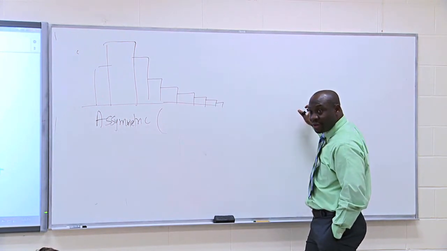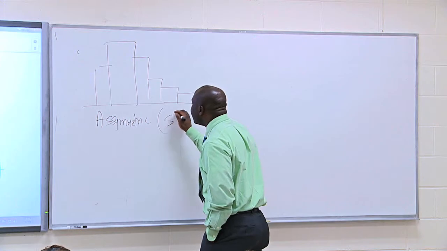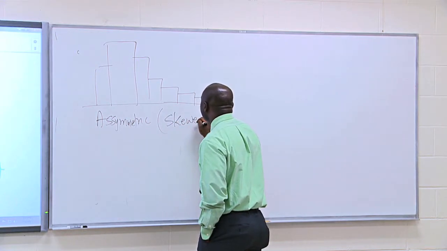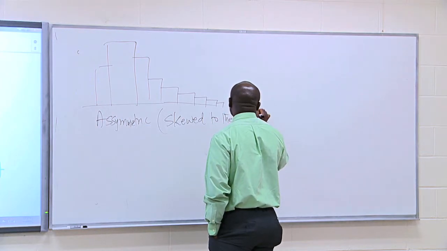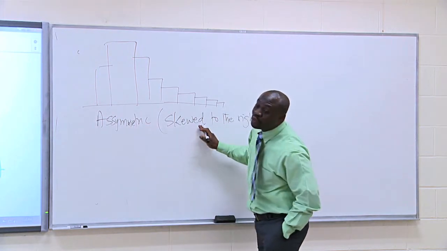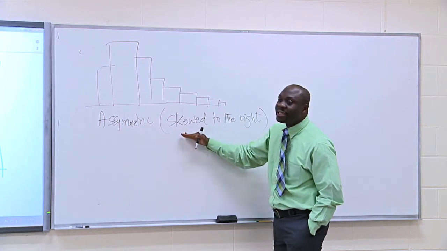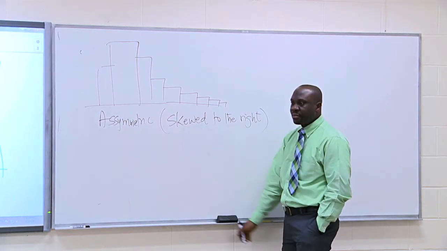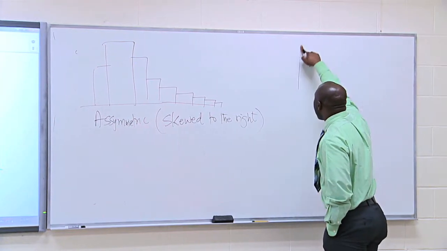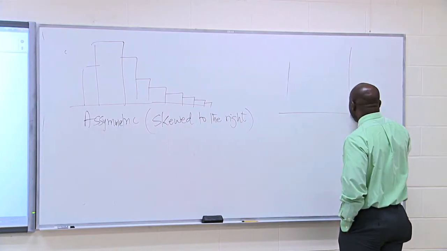We have a lot of bars to the right. So you will say that this is skewed to the right. Some books will refer to this as right skewed. Skewed to the right, right skewed, same thing. So can you also have skewed to the left? Excellent.